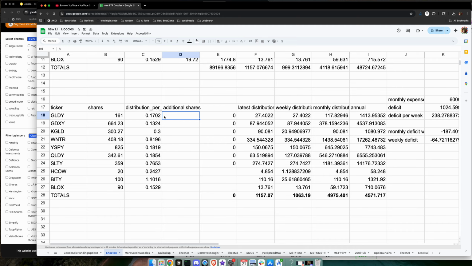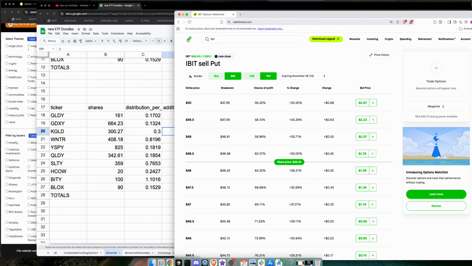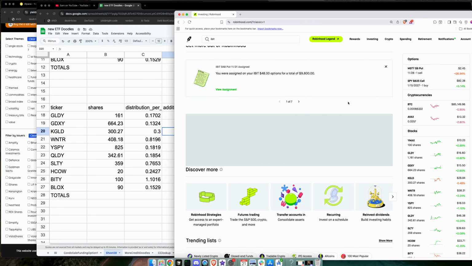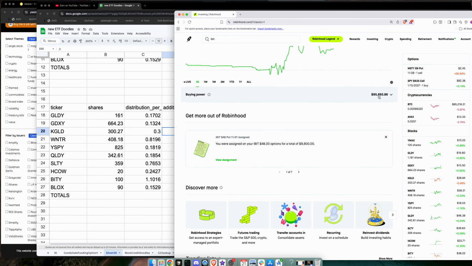But I think what I could do, oh, that's almost no money. Okay, I could probably buy 100 more shares of both GLDY and GDXY. That's $3,000. I have like a $24,000 buffer, I believe.